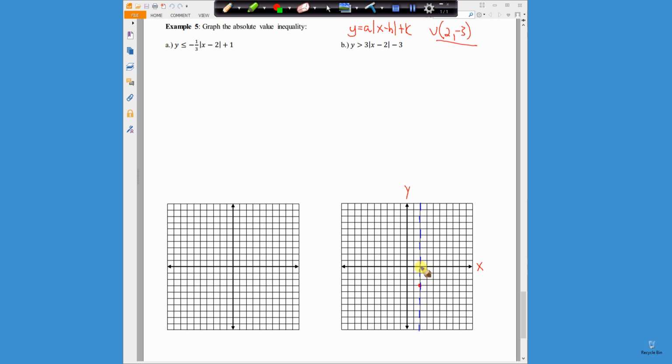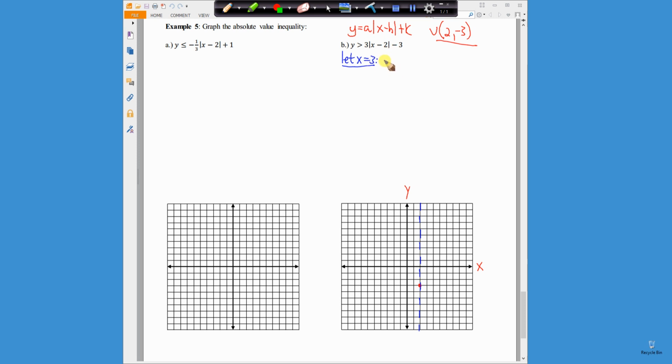Doesn't really matter, I'm just going to go for x is 3 again. What happens when x is 3? So I'm picking one point over from the axis of symmetry. Let x equal 3, and substitute it into the absolute value equation, not the inequality. We're just trying to find a boundary point.